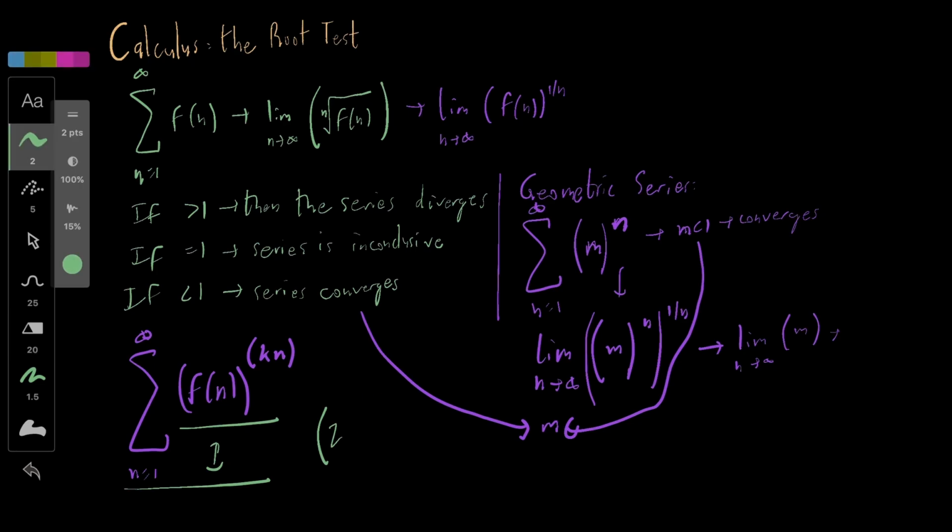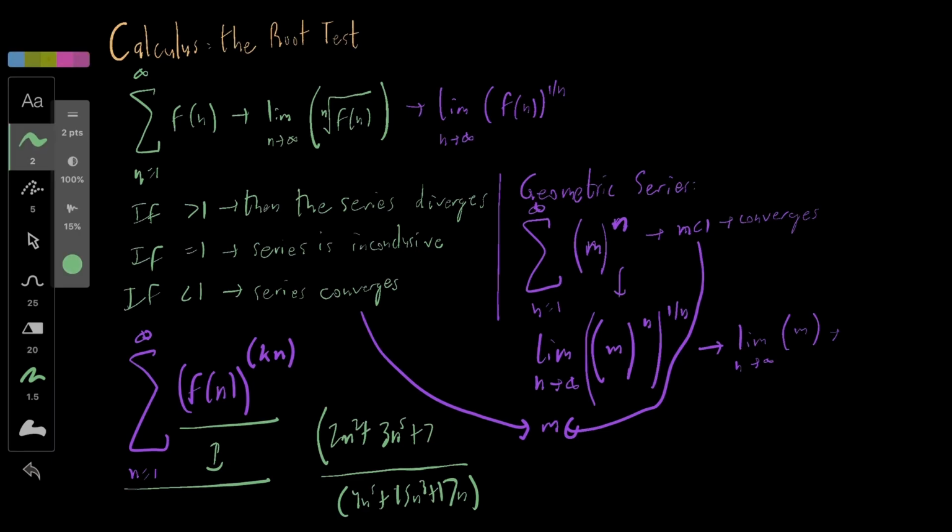2n squared plus 3n to the fifth plus 7n cubed divided by 4n to the fifth plus 15n cubed plus 17n, per se, or maybe instead of n cubed over here we'll just have 7.